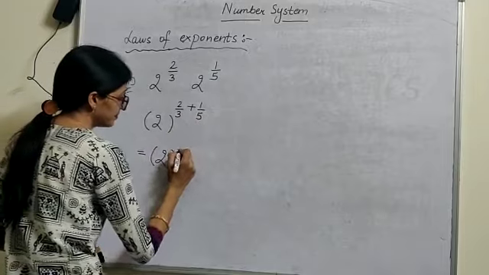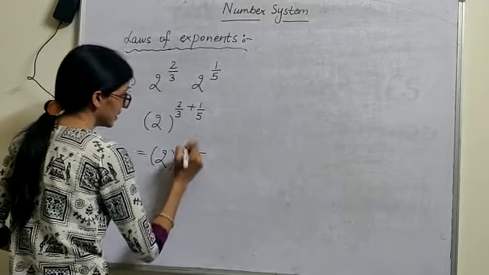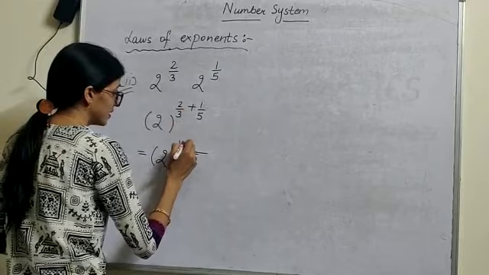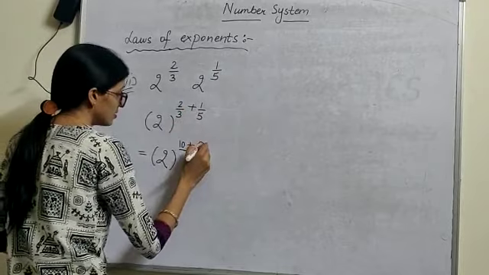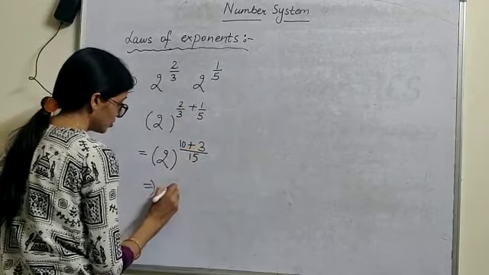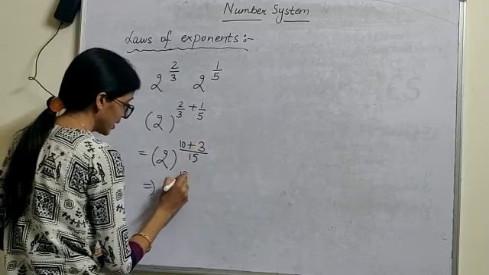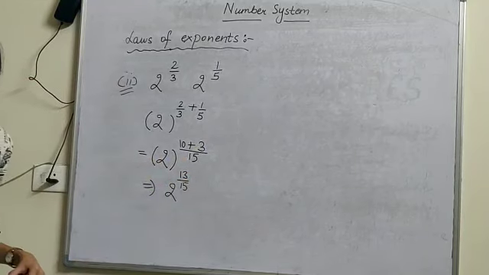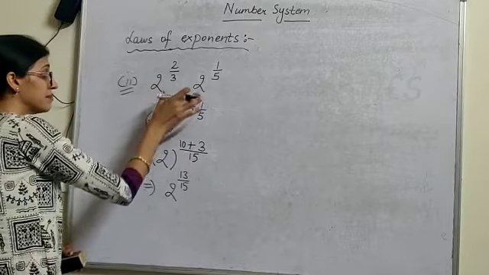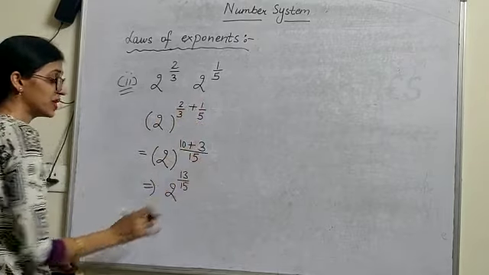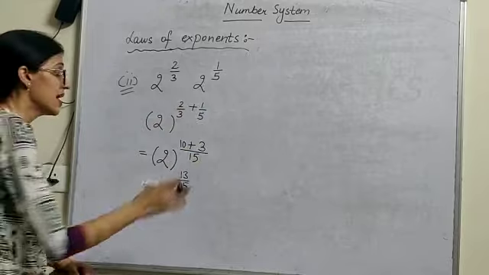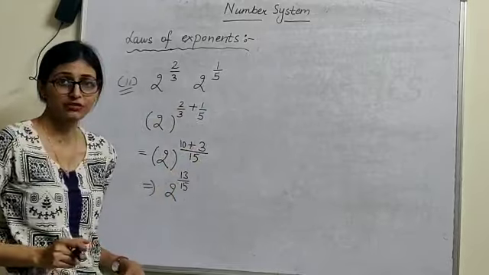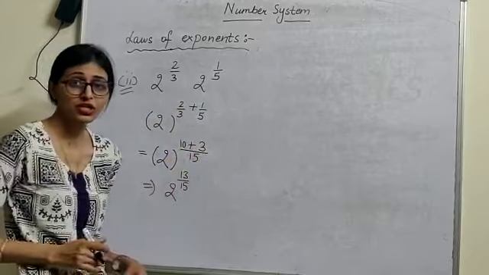Take the LCM. 2 fives are 10 plus 3 ones are 3. 2 raised to power 13/15. Is this clear? When base is same, powers are added. So we have added the powers and the result is in front of you. You can note down this question.